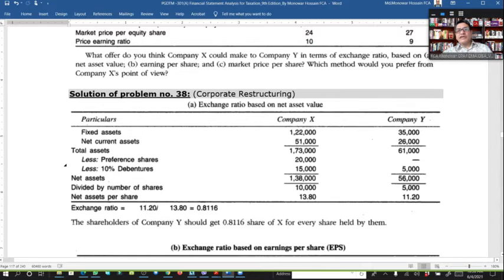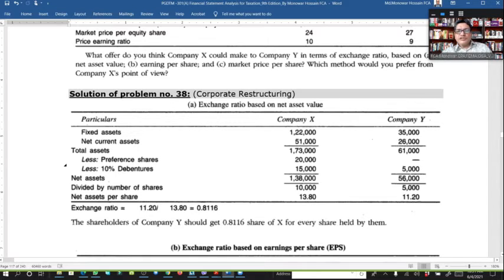If we divide 1,38,000 by the number of shares, we get net asset per share: 13 taka 80 paisa for company X. In the same way, 56,000 divided by 5,000 gives 11 taka 20 paisa, the net asset per share of company Y.